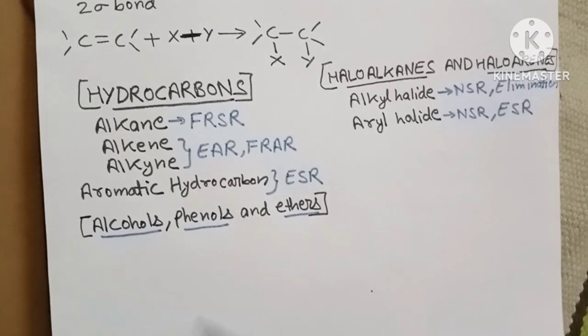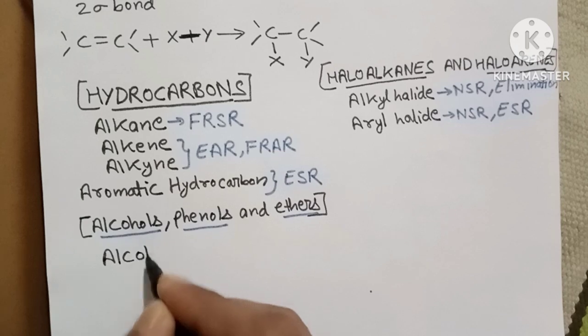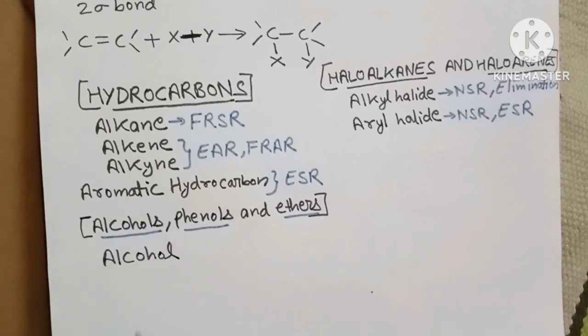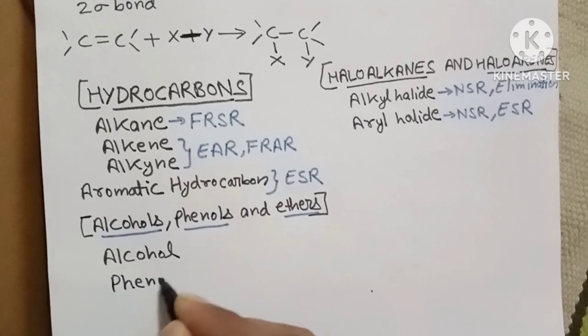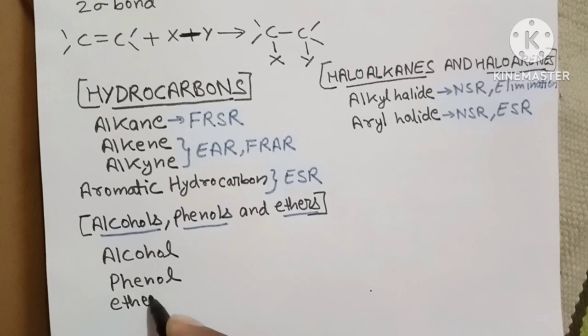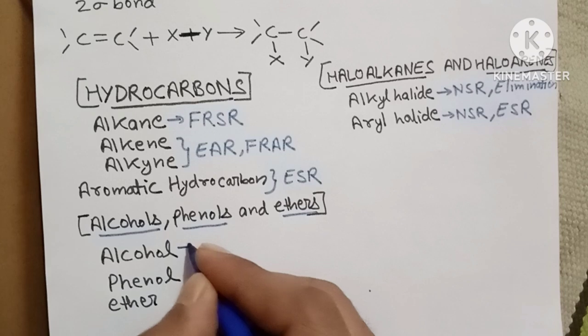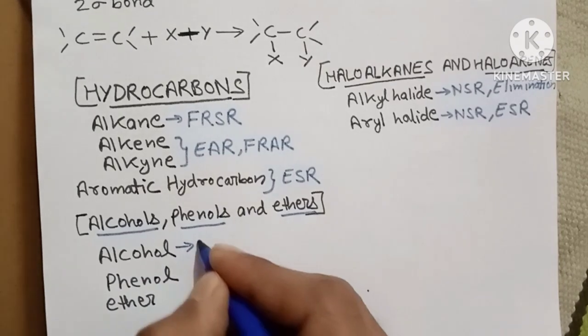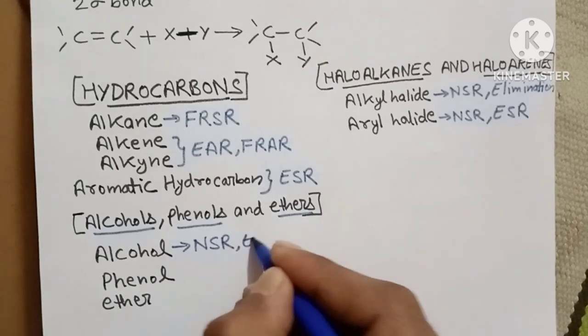Now on what mechanism will they make the reactions? If we talk about alcohol, then phenol, and at the last ethers. Alcohol will give the mechanism of NSR as well as the elimination reaction.